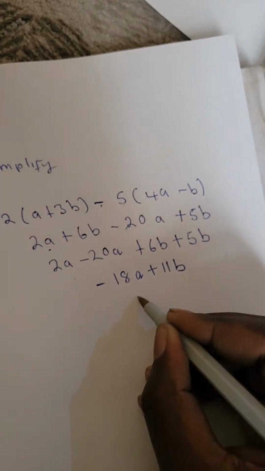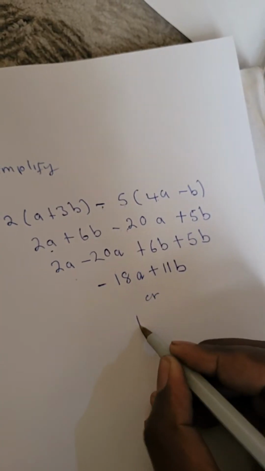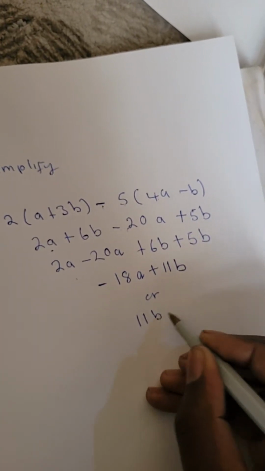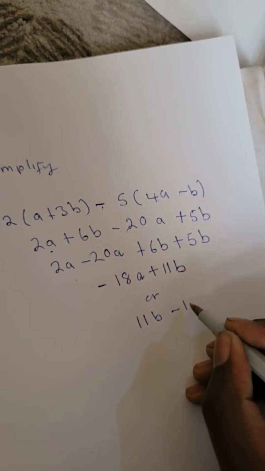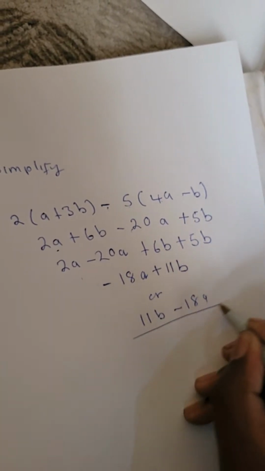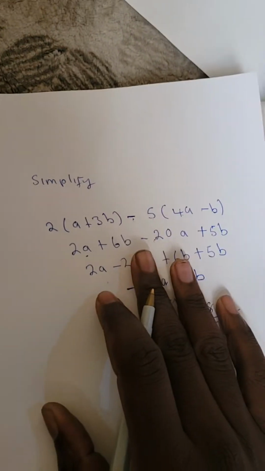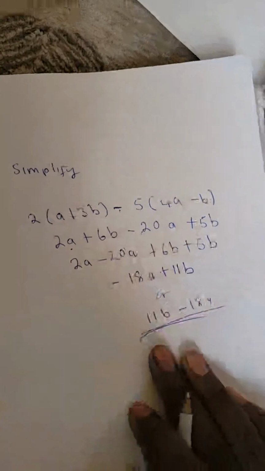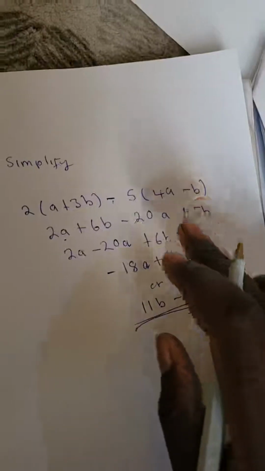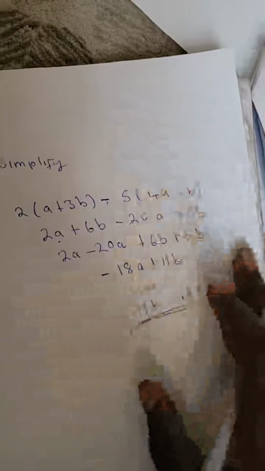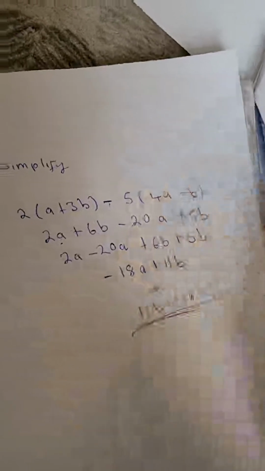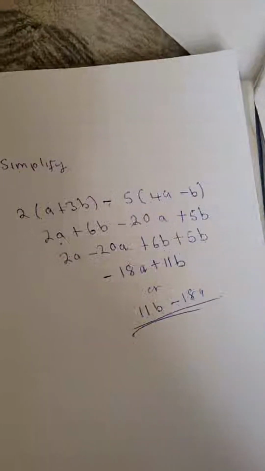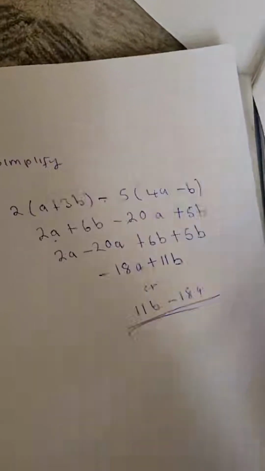So we can further simplify it as, let's start with the positive 11b minus 18a. So we have simplified 2 open bracket b minus 5 open bracket 4a minus b. So we managed to simplify.